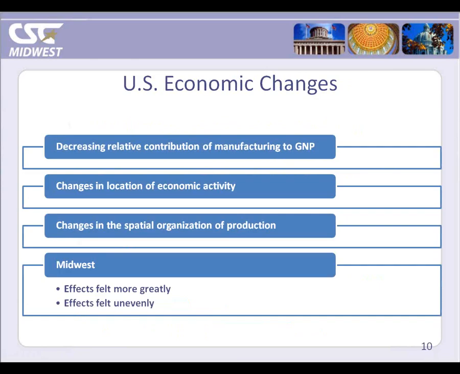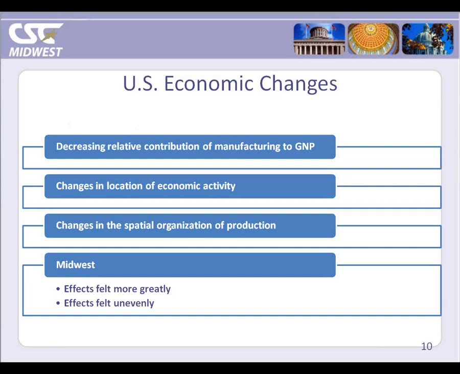Nationally, we have seen enormous changes. Manufacturing now is contributing somewhere around 14 or 15% to our gross national product. We've seen dramatic changes of economic activity first moving from the Midwest to the south and southeast of the U.S. We've had enormous changes in the spatial organization of production, and I'll come back to that somewhat more fully a little later.